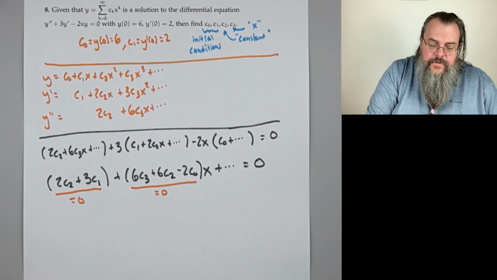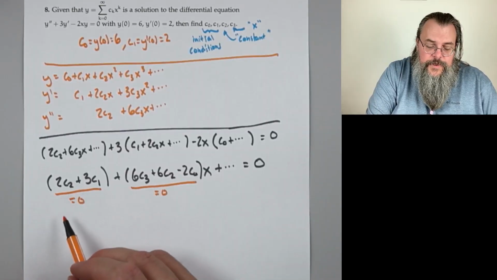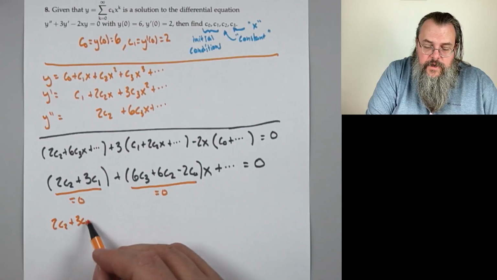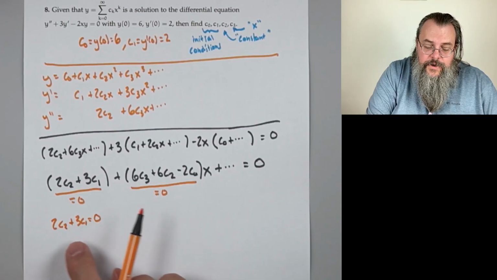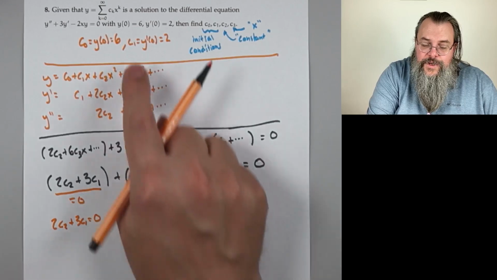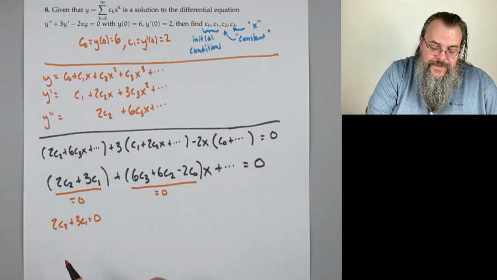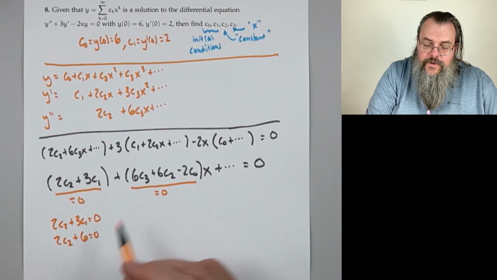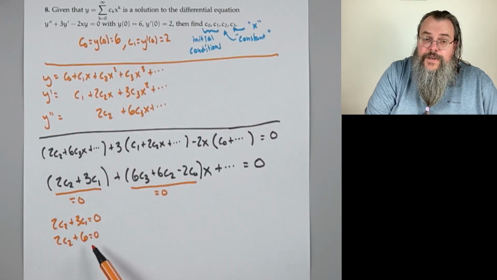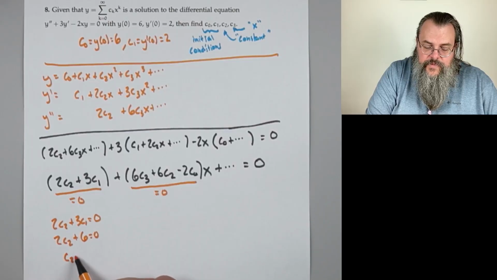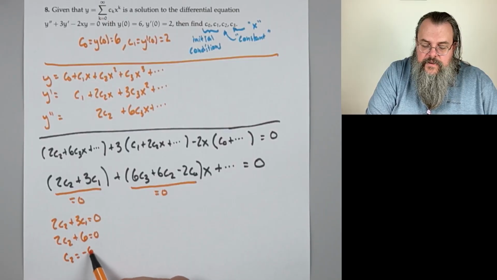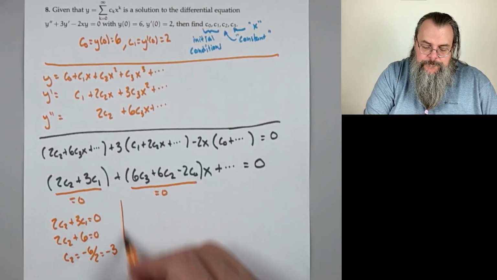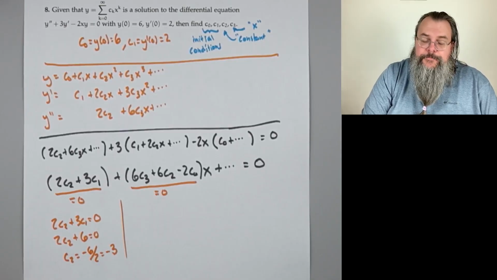All right, so let's start with this first piece. 2c2 plus 3c1 equals 0. But we know one of these. We know C1 is 2. So 2C2 plus 6 equals 0, because I replaced C1 by 2. Well, that says C2 is subtract 6, divide by 2, is negative 3. Okay. Now we come here.